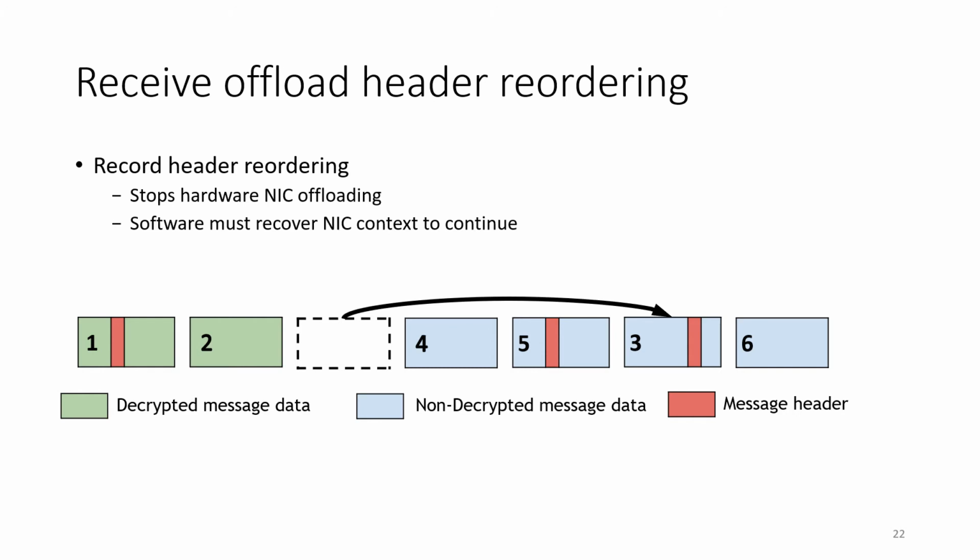The real problem is TLS record header reordering. Here, after TCP packets 1 and 2, the NIC expects packet 3, but packets 4 and 5 arrive instead. The NIC knows nothing of packet 4, and as it could contain any number of TLS record headers, the offload stops and requires software assistance to recover.